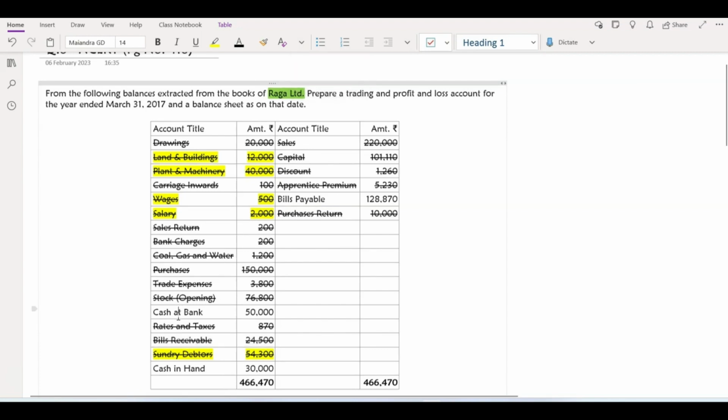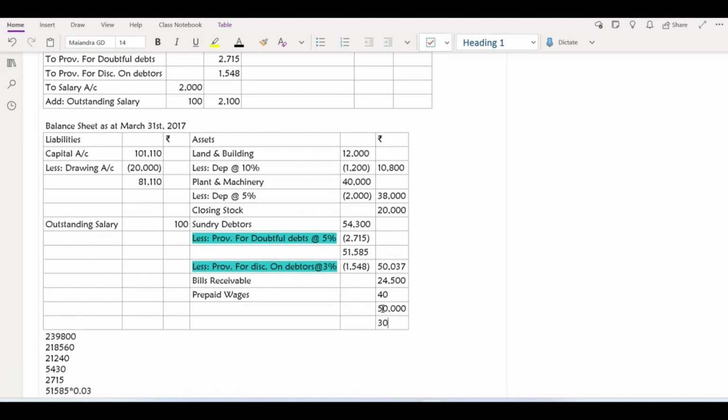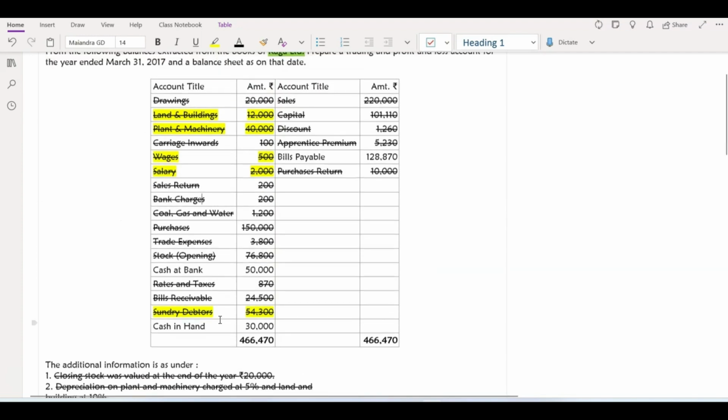Cash at bank and cash in hand 50 and 30. Cash at bank, cash in hand. Now here, bills payable.